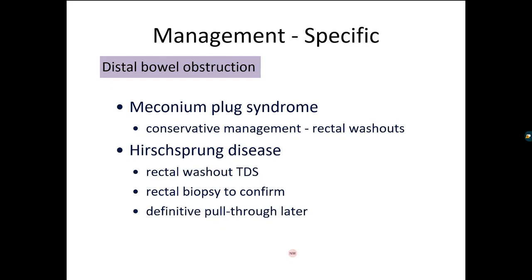The definitive surgery, unlike in atresias or malrotation, will not be done immediately. So once you diagnose, you will start them on rectal washouts or irrigations and a biopsy is done, and the baby is discharged after that. And the definitive surgery will only be done after a few months' time.